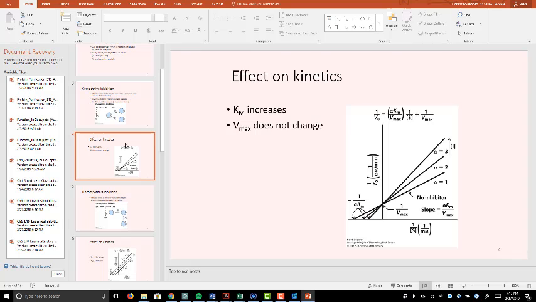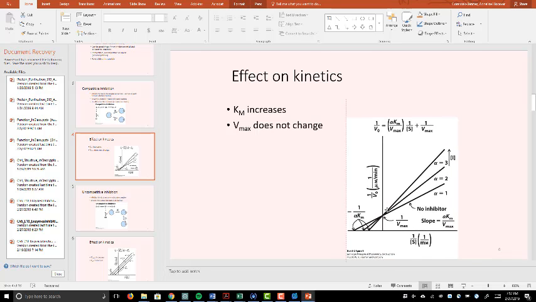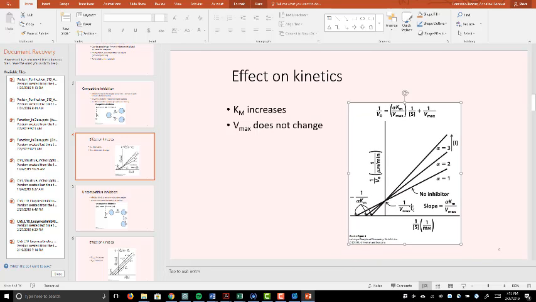So if we look at the effects on kinetics, the lines are going to intersect on the y-axis because the Vmax is not changing, because the y-intercept is equal to 1 over Vmax. So if Vmax doesn't change, your y-intercept isn't going to change. So all the lines are going to intersect at the y-axis.